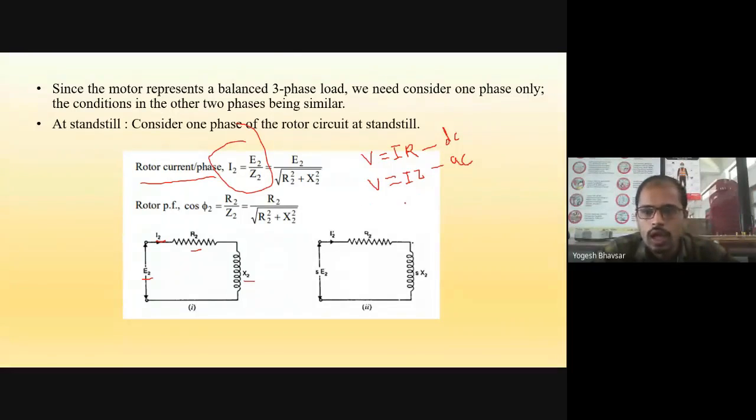Therefore, I is equal to V by Z in the case of an AC circuit. So here I2 is equal to E2 by Z2. E2 का बर घेतला तर इथं voltage E2 ने denote केलेले आहे. So divide by Z2. Then we have to represent this impedance in terms of the combination of resistance and reactance.